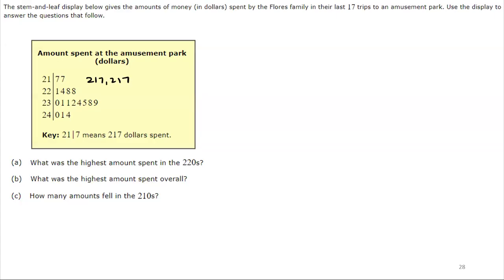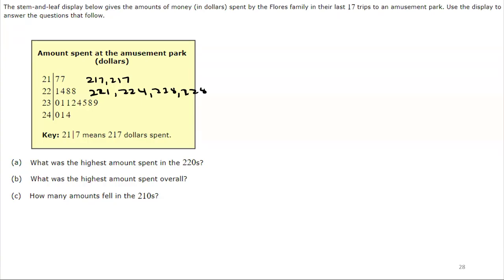The second one, if we were to expand this, would be written as 221, 224, 228, and then 228. Okay. So again, this is just a concise way of listing the numbers.